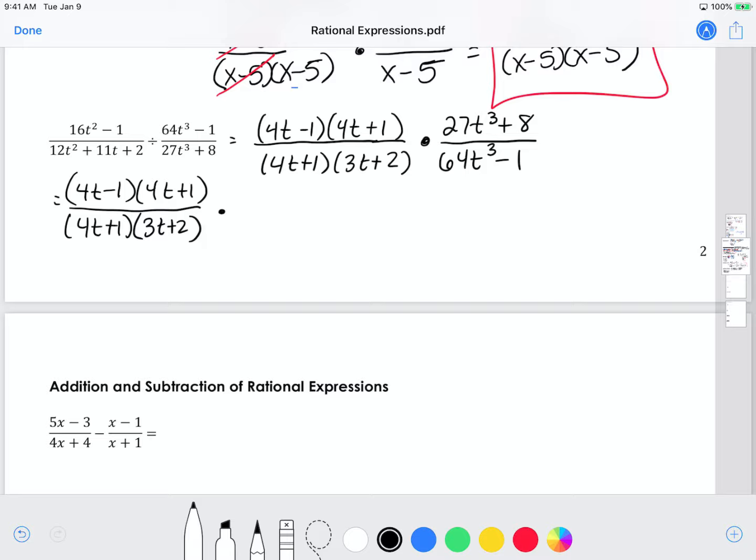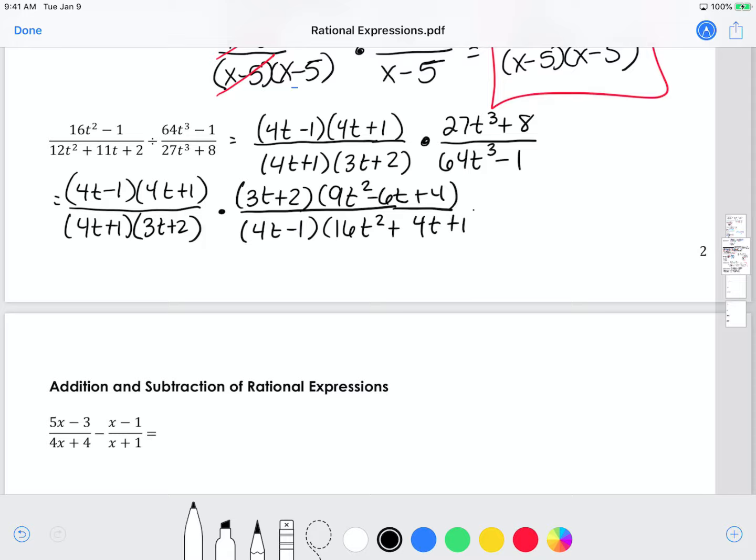When you factor 27t to the third plus 8, using the formulas, you get 3t plus 2 times 9t squared minus 6t plus 4. In the denominator, when you factor 64t to the third minus 1 using the formula, you're going to get 4t minus 1 times 16t squared plus 4t plus 1.